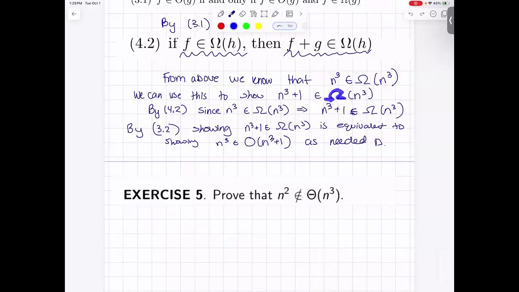It's the best we can possibly do. If we want to add more to it, that doesn't move our lower bound. We're staying above our lower bound. So that's why we're able to use it. Even though n cubed plus 1 is technically a little bit larger than n cubed, since they still grow at the same rate as n approaches infinity, we know that n cubed is still a valid upper bound for n cubed plus 1, which allowed us to bring this back around and use 3.2.